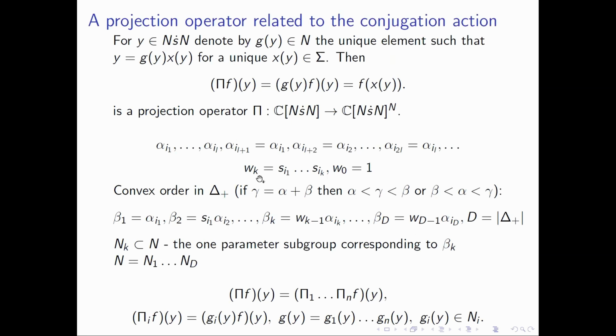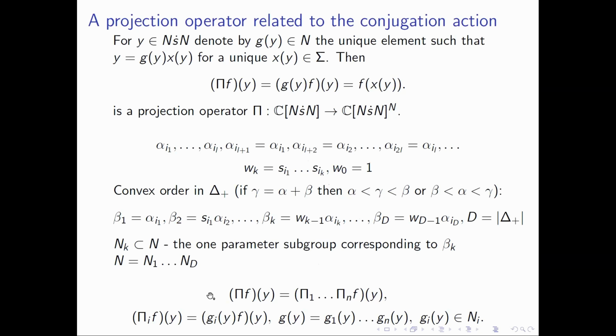So let me also call wk the product of the first k simple reflections corresponding to the first k simple roots in this string of simple roots. So w_{k-1} applied to alpha ik gives you beta k.